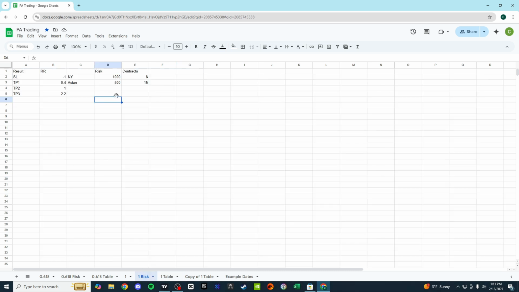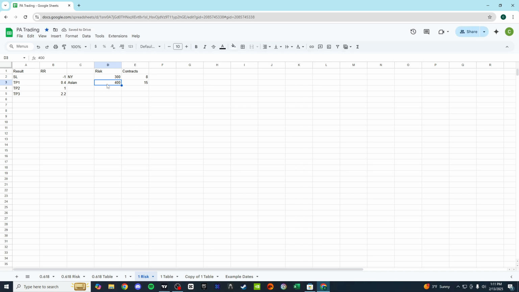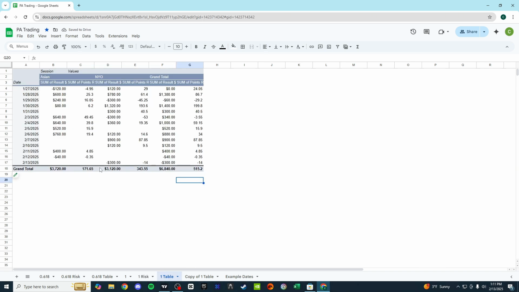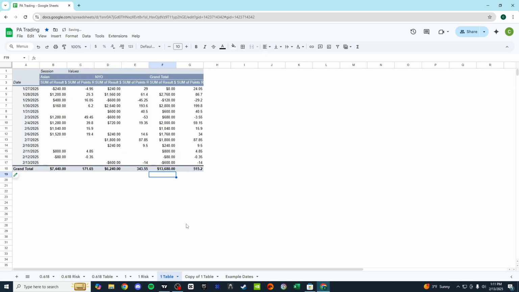And if you want to be safe, I had them at 600, 400 before. You could even half that and go 300 and 200, maybe even 200. And as you can see, still in 3 weeks, you're passing an account and taking a payout. But for now, I'm just keeping them at 600, 400 for these results.